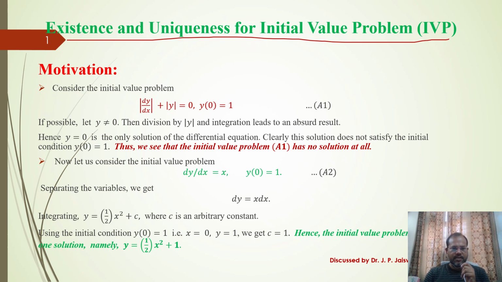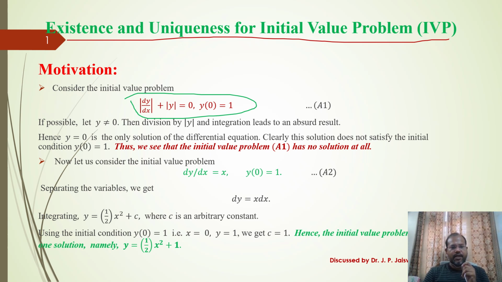Come to the first example. Here I have taken |dy/dx| + |y| = 0, with the initial condition y(0) = 1. y = 0 is clearly a solution, but we cannot get a non-zero solution.